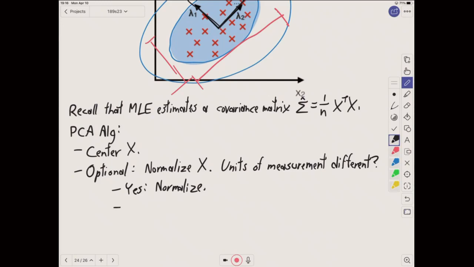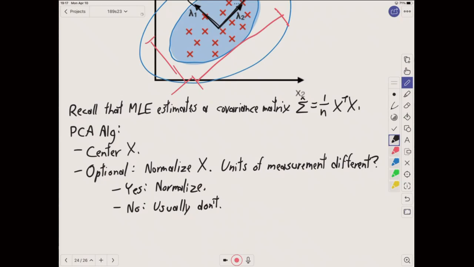But there are many circumstances where every feature represents the same unit of measurement, the same kind of scale, especially, for instance, genetic data, which is a very common example of that, where each feature is just a 0 or a 1. And in that case, you usually do not normalize the data.